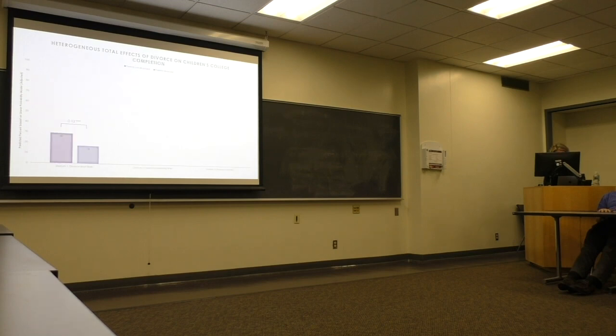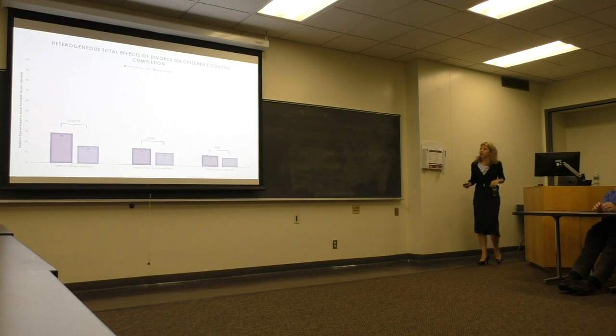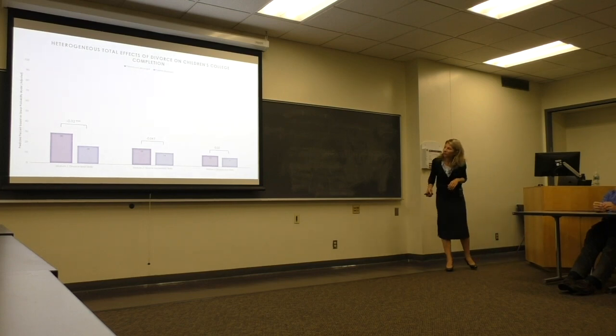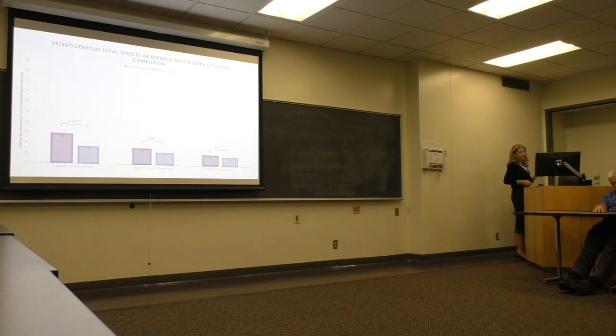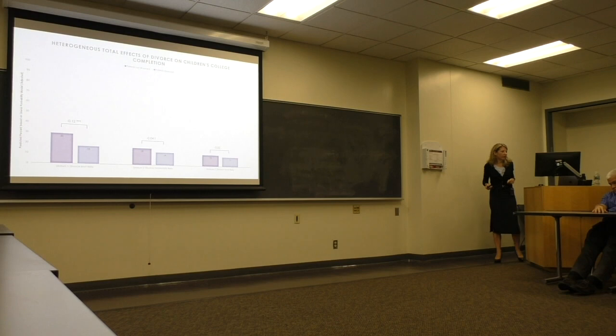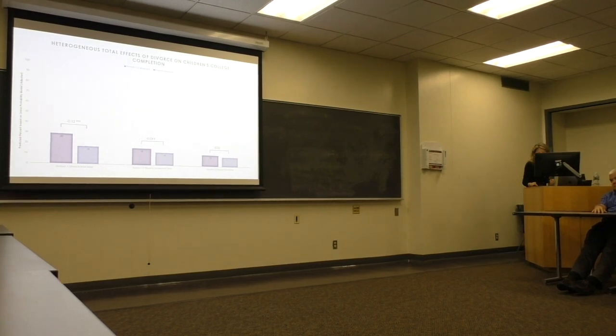And so finally, for college completion, same kind of pattern: a sizable negative effect of parental divorce for the low propensity children, marginally significant for the moderate, and no significant effect for the highest.